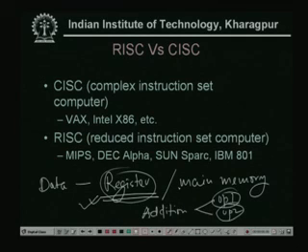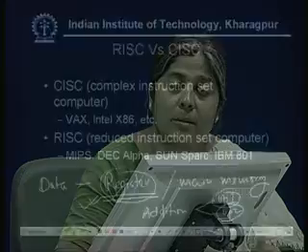Whereas the CISC supports, because it is a complex instruction set, the data in different forms. So, when the data is accessed, first it has to be decided in which form the data is. It has to take some decision, and if it is done by hardware, then some complex hardware is needed just to decode the form of the data.